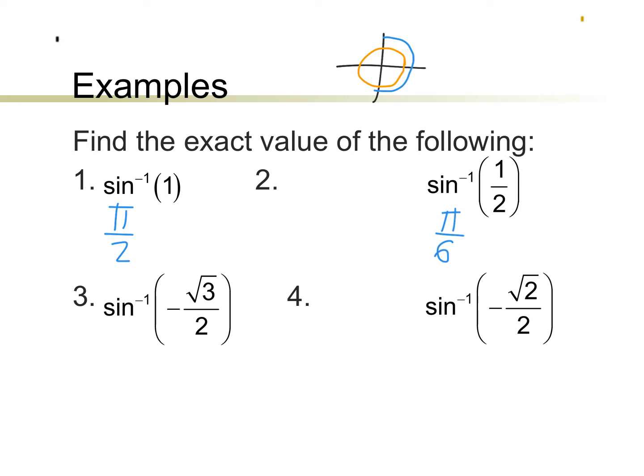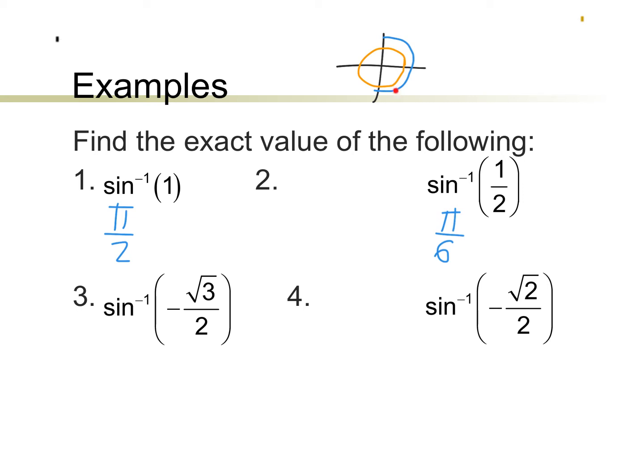We want the inverse sine of negative root 3 over 2. Now, negative root 3 over 2 occurs in two places. It occurs down here at 4 pi over 3, and it occurs right here at 5 pi over 3.